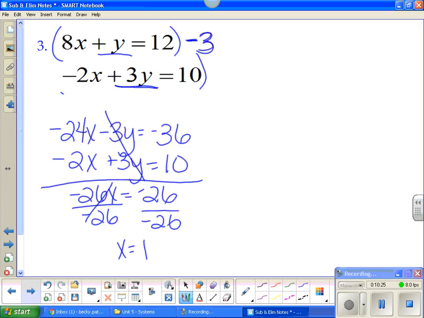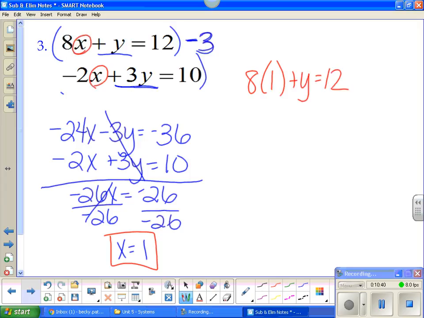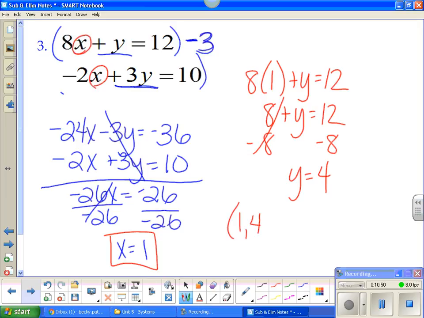And I got x to be 1. So now I can take my x and plug it there or there. Let's go top. So 8 times 1 plus y equals 12. 8 times 1 is 8. So y equals 4. So my point is 1, 4.